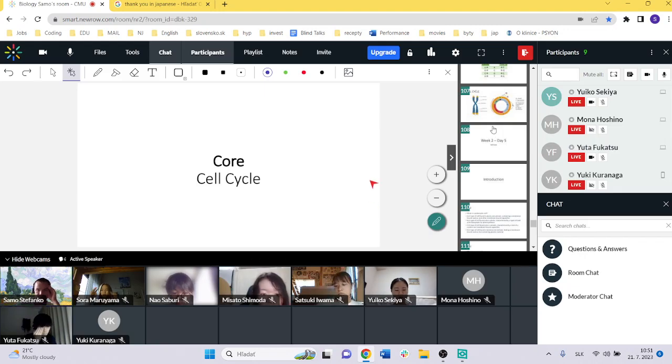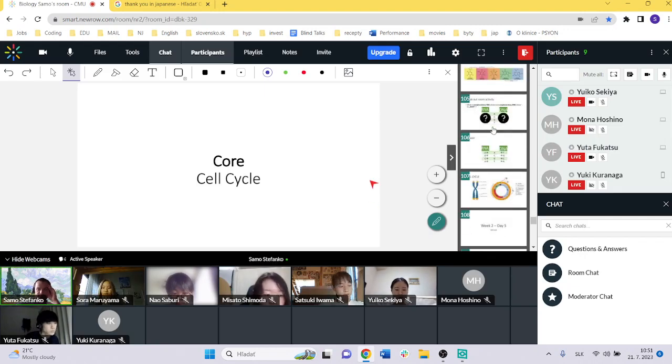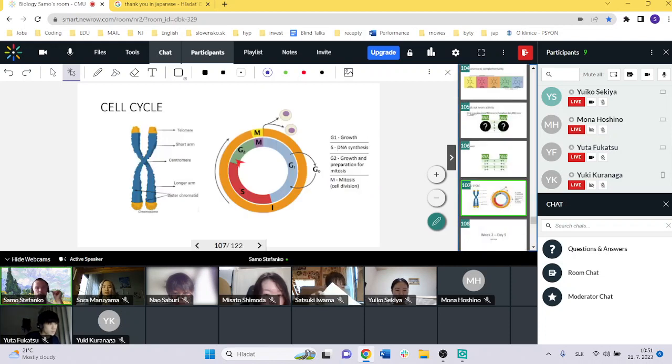Core: cell cycle. Yesterday we started to describe the chromosome. Here we are able to see the cell cycle.